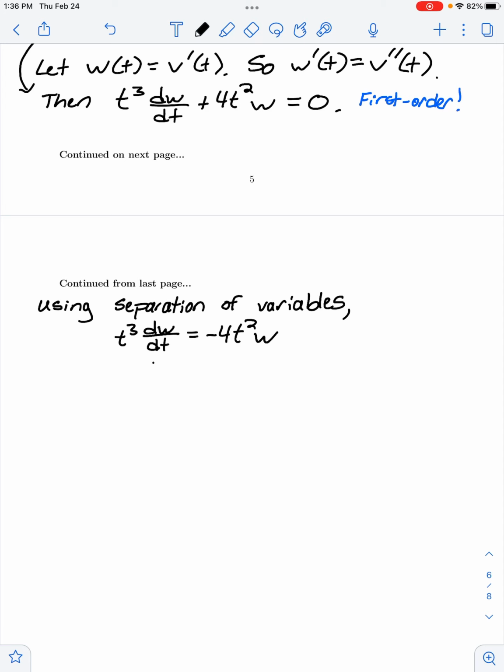And so separating the variables, we have dw over w is equal to negative 4t squared divided by t cubed, which leaves me negative 4 over t dt.